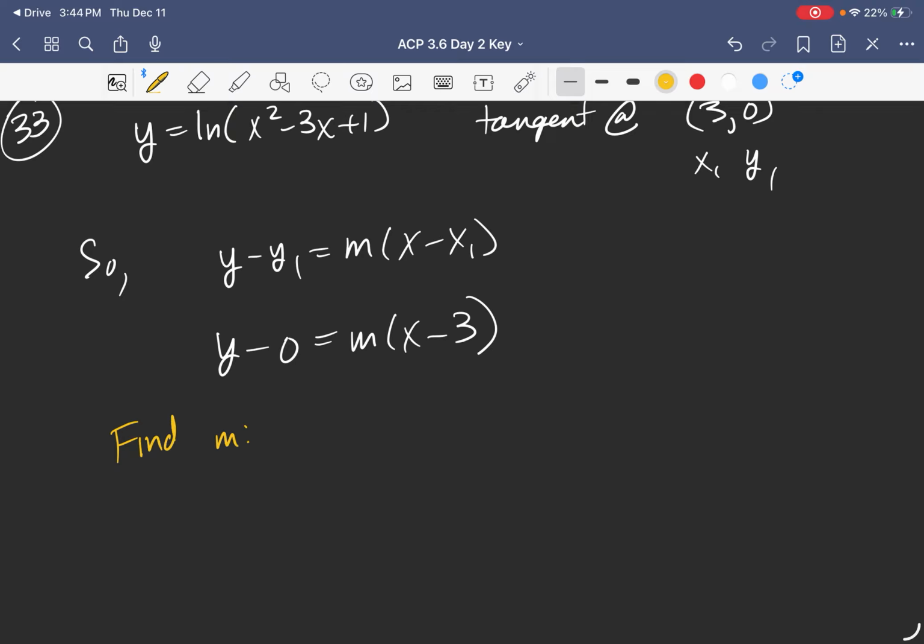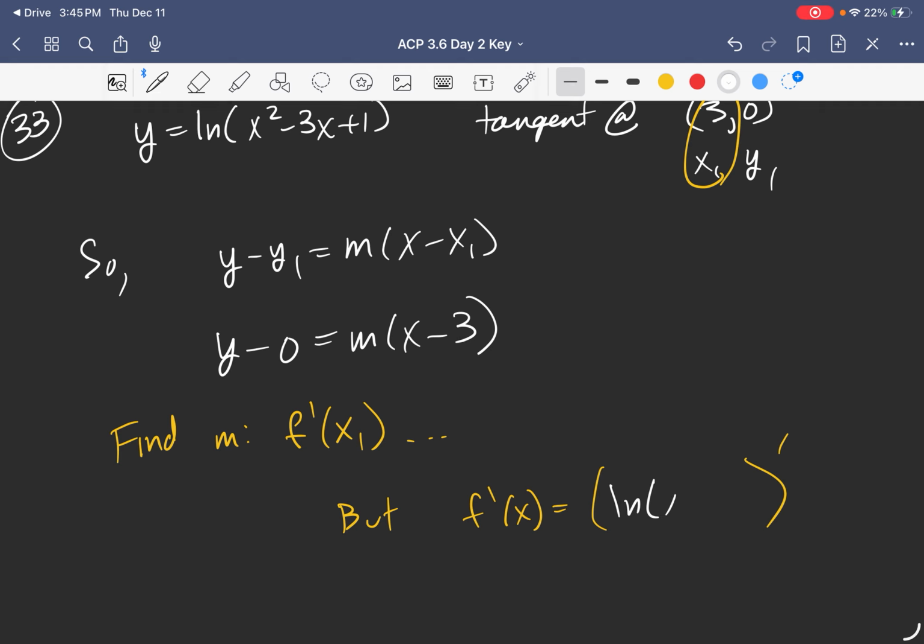And to find m, I need the derivative, plug in x1. So the derivative at x1. But my derivative is just equal to the derivative of natural log of x squared minus 3x plus 1.